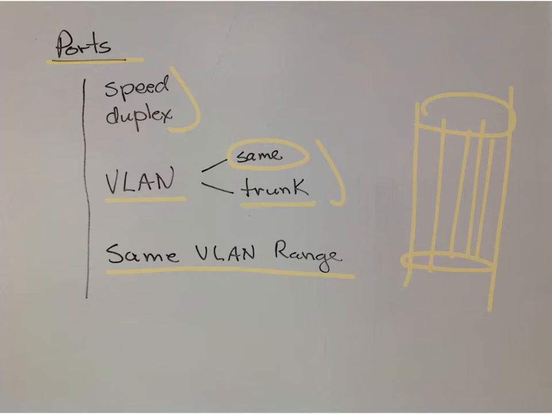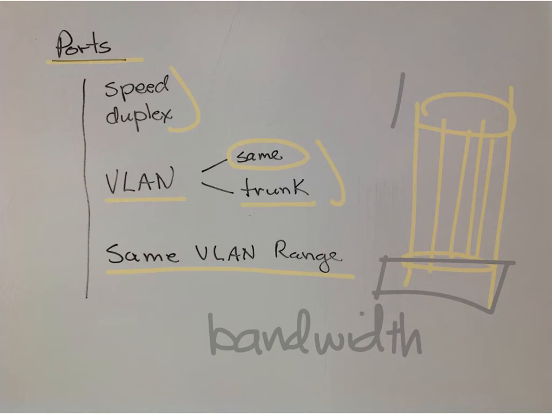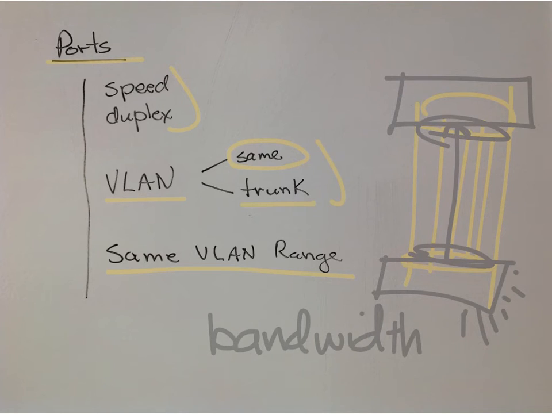Why do we do that? Bandwidth, right? We have a device here and a device here. We have lots of devices coming off here, and we have one particular trunk to get up here. That way we can increase our bandwidth for that trunk.